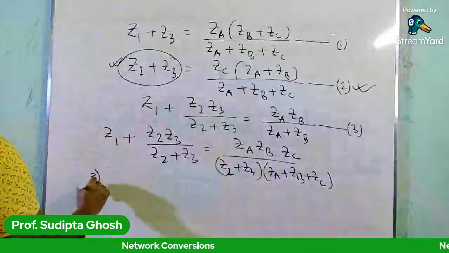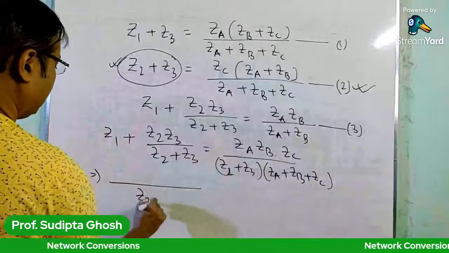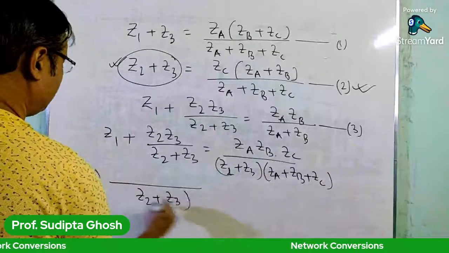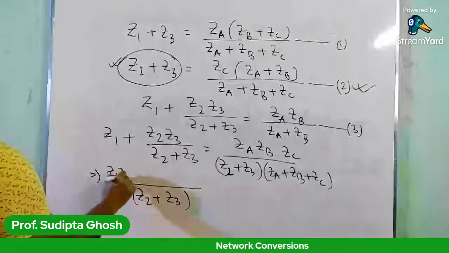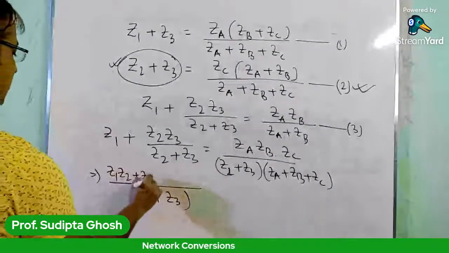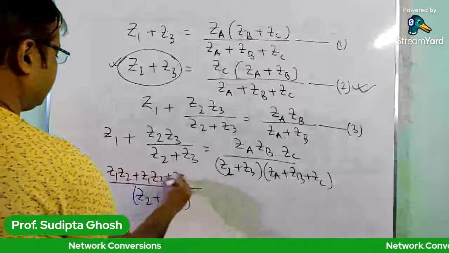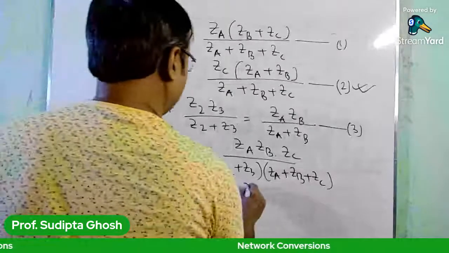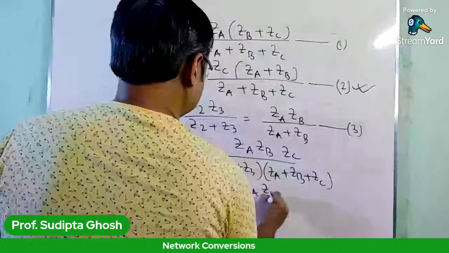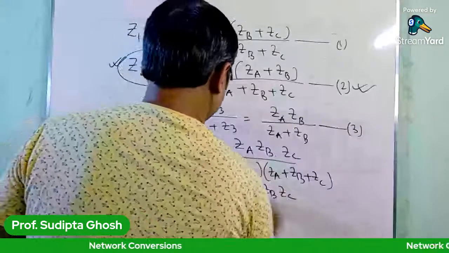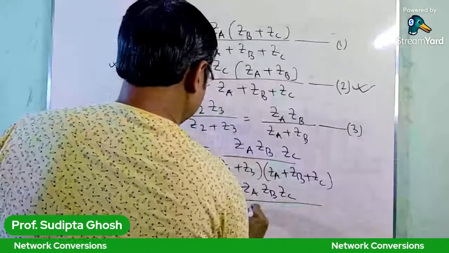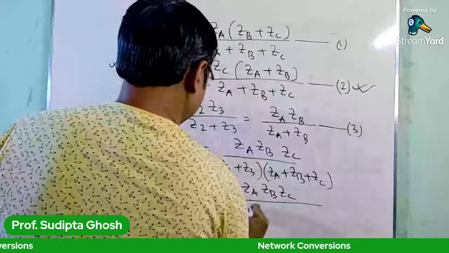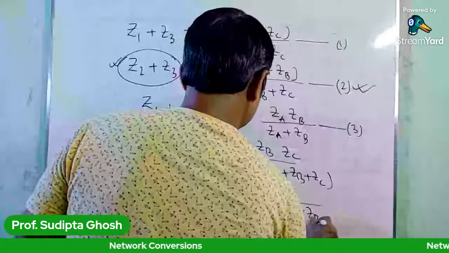Now simplifying this, multiplying by Z2 plus Z3, it will be Z1 Z2 plus Z1 Z3 plus Z2 Z3, and on the right hand side we have ZA ZB ZC whole divided by Z2 plus Z3 into ZA plus ZB plus ZC.